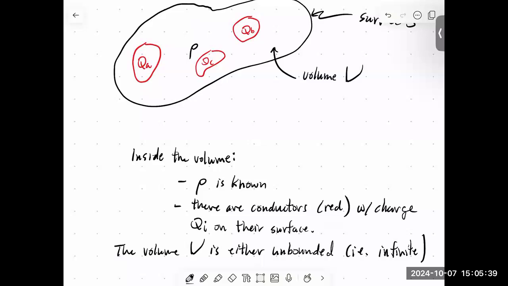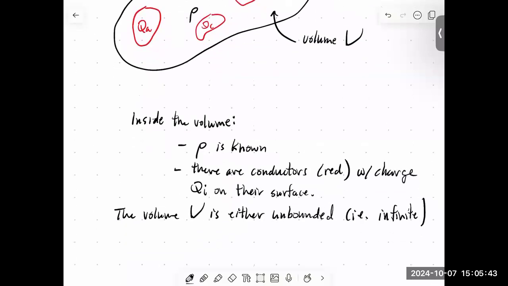So it'd be zero potential out at that infinite surface, or it's surrounded by a conducting surface S. Now, one of the properties we know about conducting surfaces is that they're at a uniform potential.